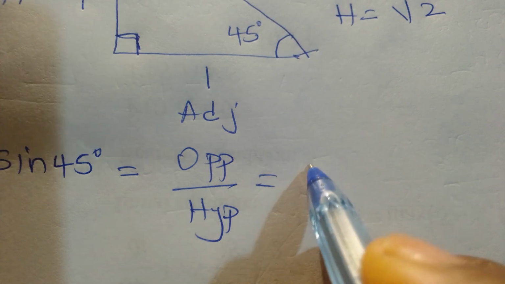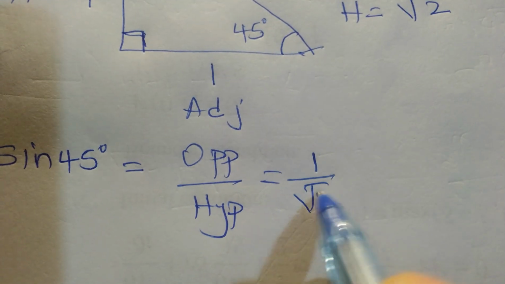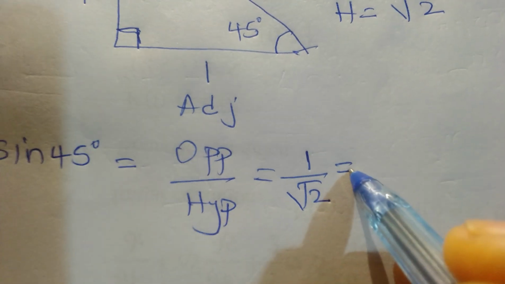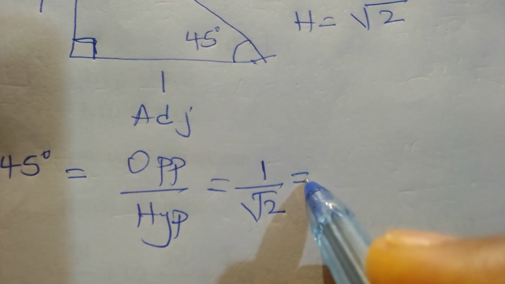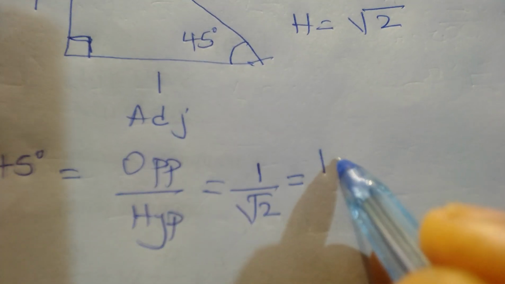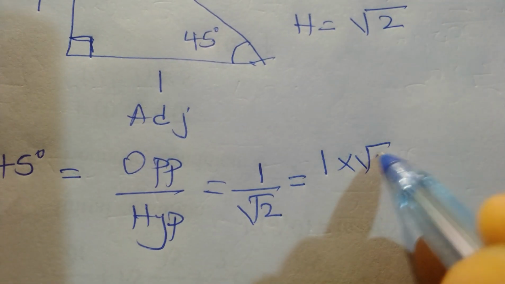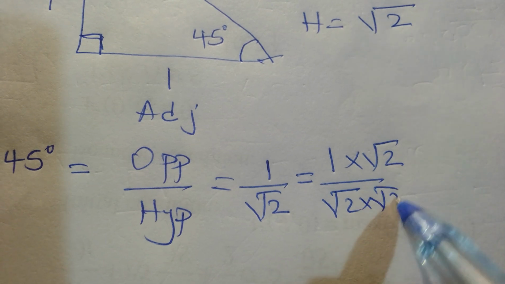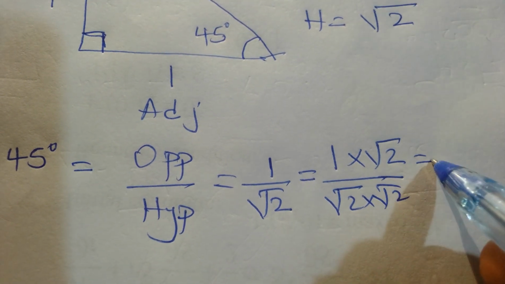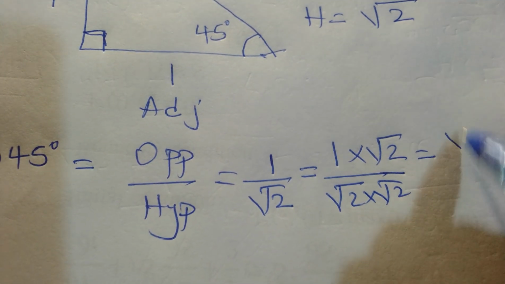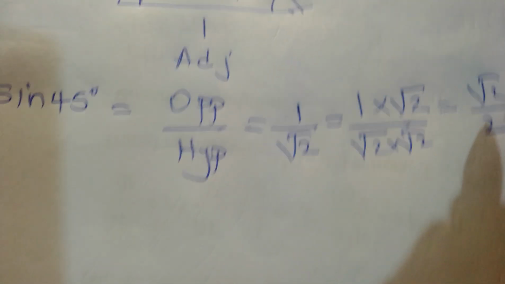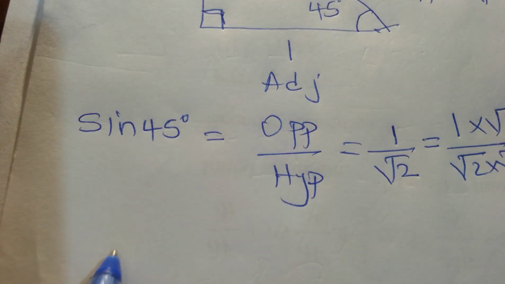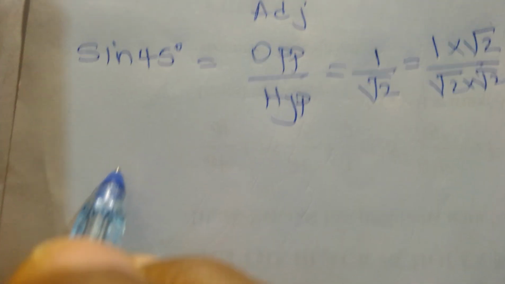So it's going to be 1 over root 2. And never leave a square root sign as your denominator, so we perform the rationalization. Root 2 multiplied by root 2, and that gives us root 2 over 2.